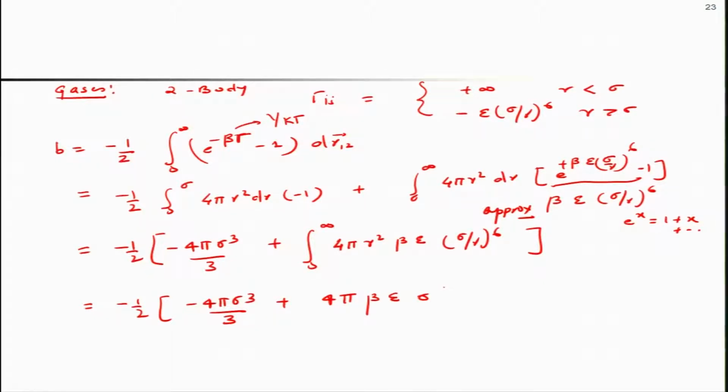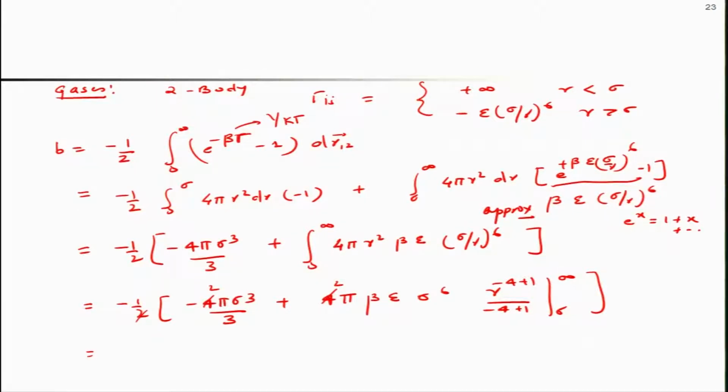Sigma 6 r to the minus 4 plus 1 from sigma to infinity, and I can divide this 2 to get 2 here, 2 here.